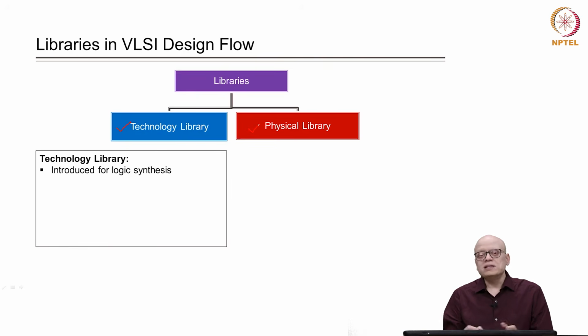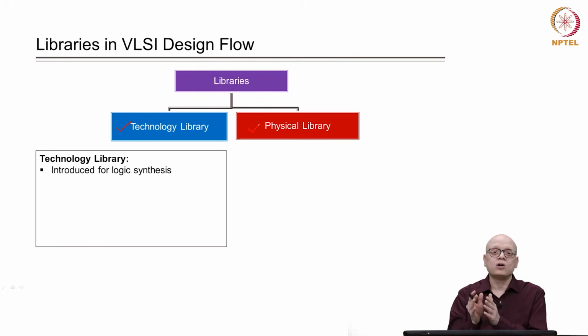The technology library was initially created basically for logic synthesis purposes, and initially it contained only details such as the functionality of a logic cell. For example, it says that this is an AND gate, this is an OR gate, and that kind of functionality was specified for the standard cells in the technology library.